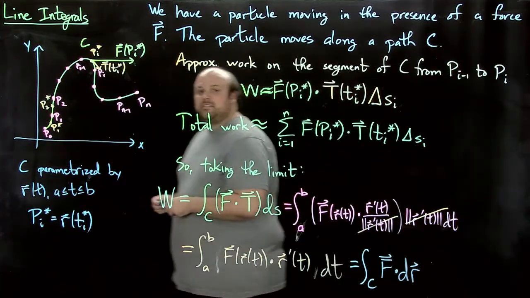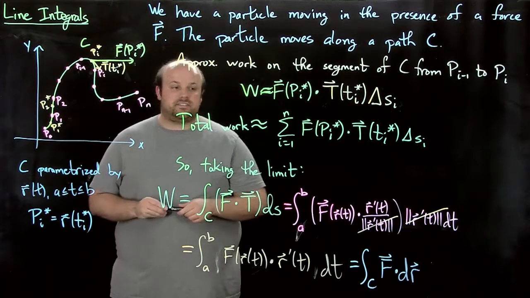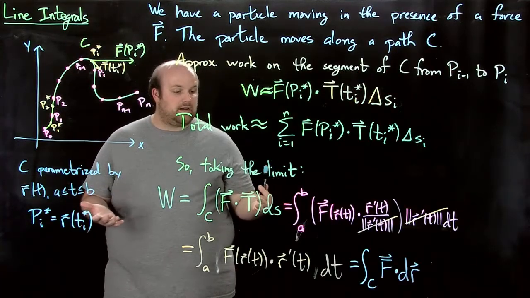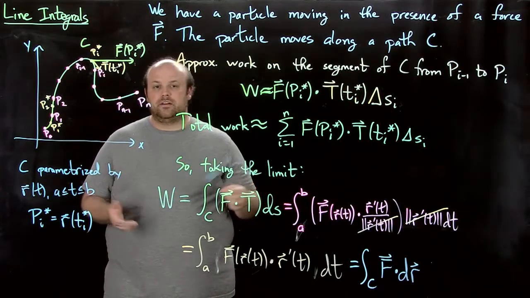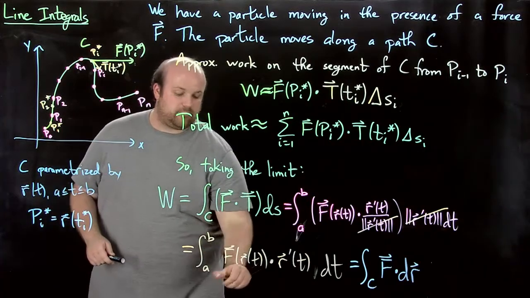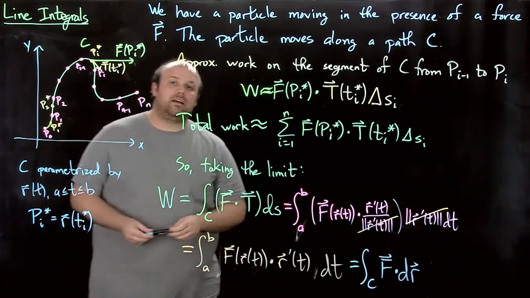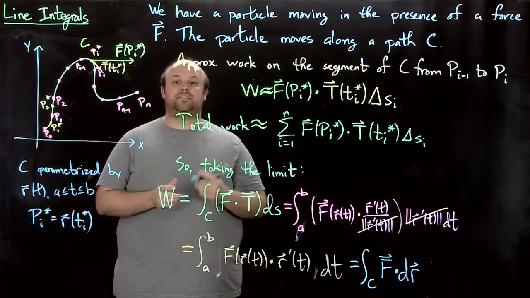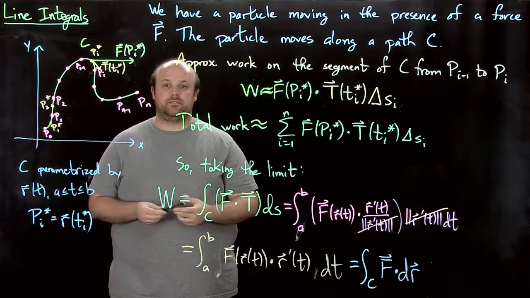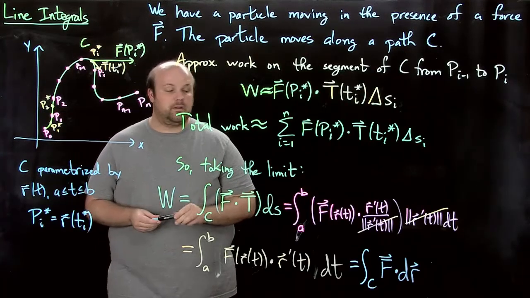All right, so that's what this vector line integral is doing, and this is why it's very, very useful, and that's why this is really the beginning of where Calc 3 starts doing major applications to physics and stuff.